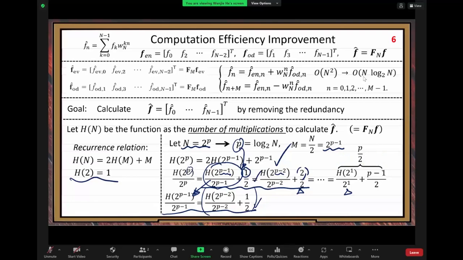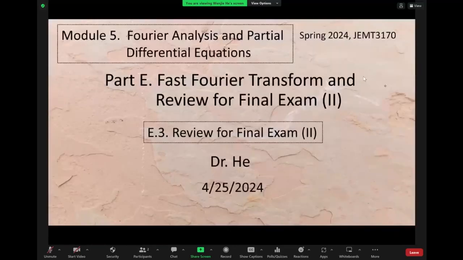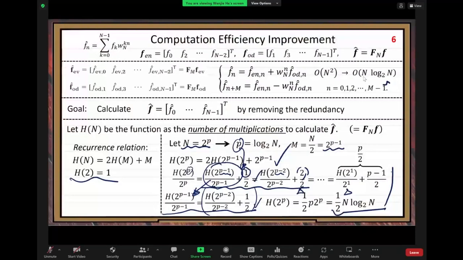Then the last step, we can write H of 2 to the P equals 1/2 times P times 2 to the P. So we go back to the N expression, and you can see we get 1/2 times N log base 2 of N. Is that exactly the one we want to get?